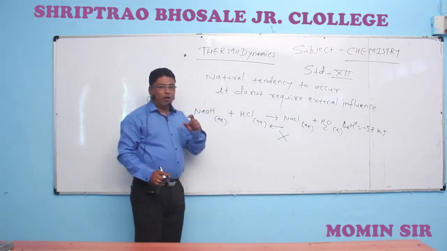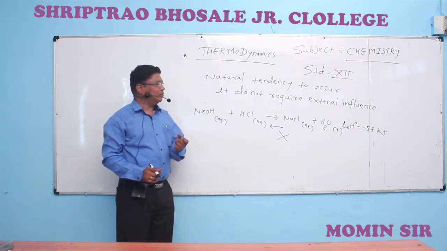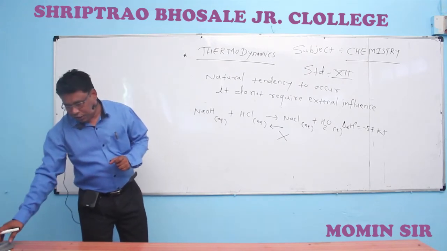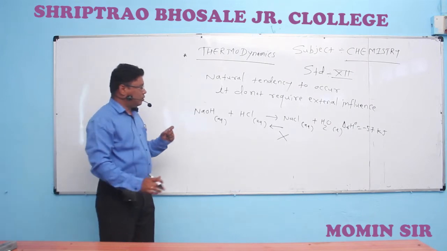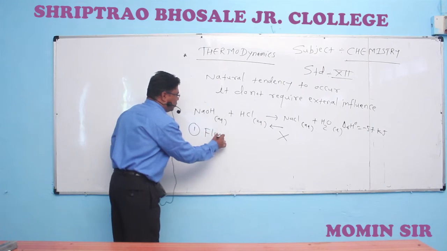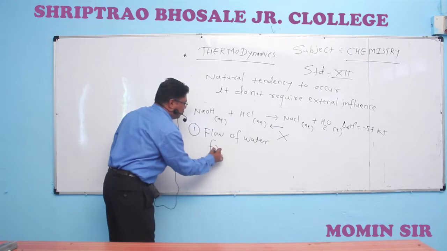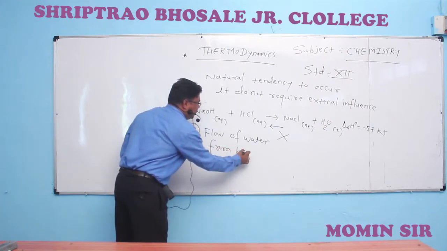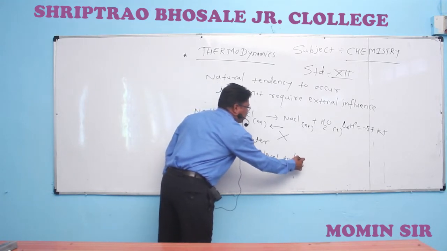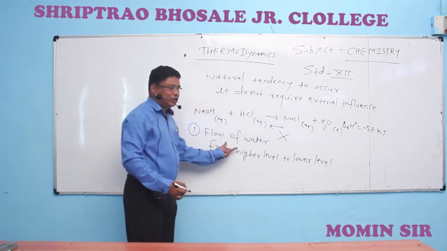So you know that all the natural processes taking place in nature are examples of spontaneous processes. The first example is flow of water from higher level to lower level. This process is a natural process.